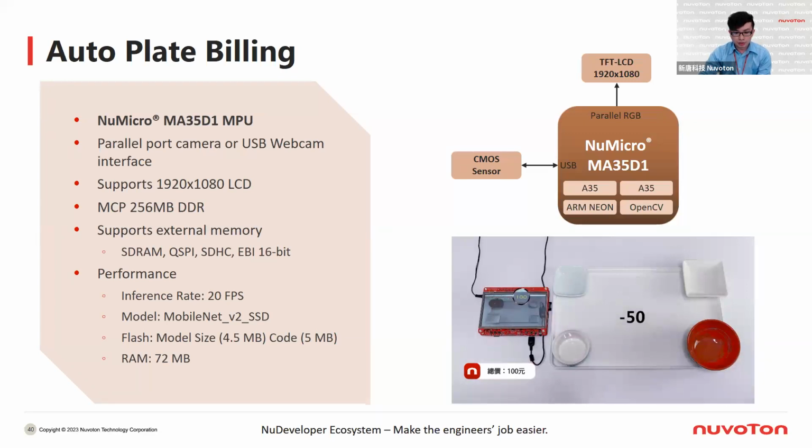This system uses a USB camera and displays the result on the TFT LCD. The performance can reach up to 20 frames per second. The model is MobileNet V2 SSD with a model size of 4.5 megabytes and a code size of 5 megabytes. It uses 72 megabytes of RAM.